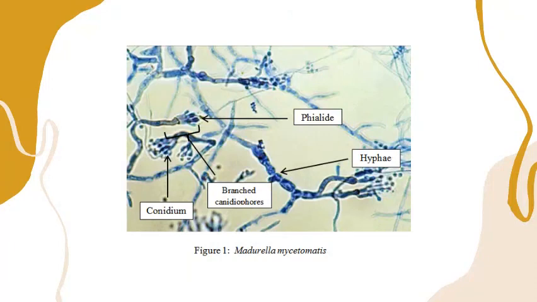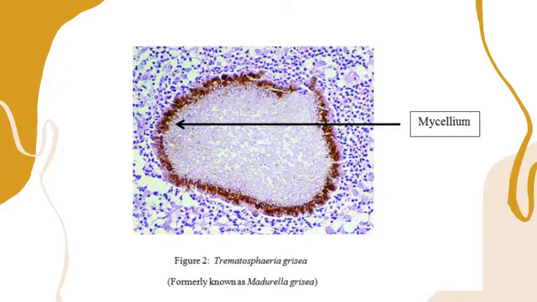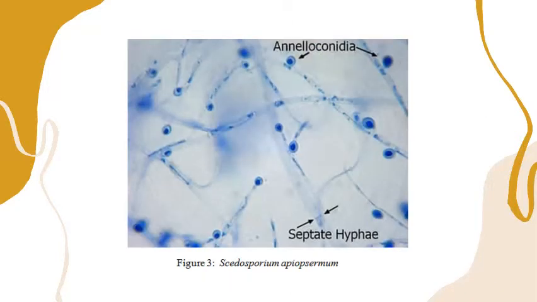The figures that will be shown are the most common fungi found in mycetoma. So first is the Madurella mycetomatis. For the second figure is the Trematosphaeria grisea, formerly known as Madurella grisea, and Pseudallescheria apiosperma, asexual state.